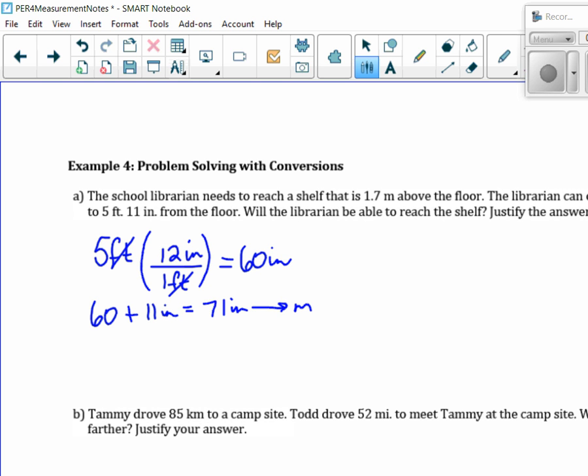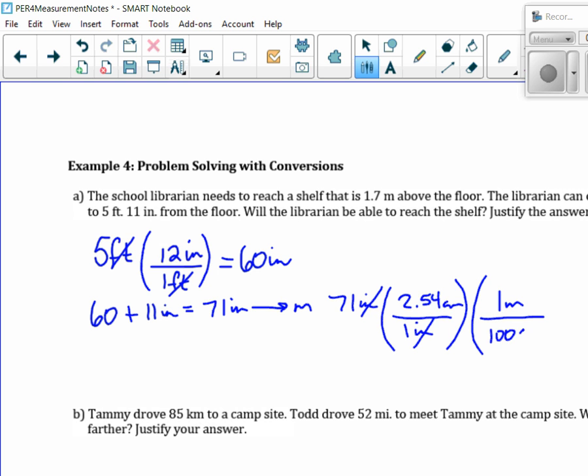So 71 inches, the conversion for inches is 2.54 centimeters. So we have 1 inch is 2.54 centimeters, and I need to convert now the centimeters to meters. So 1 meter is 100 centimeters, so that cancels, and I go 71 times 2.54 divided by 100.